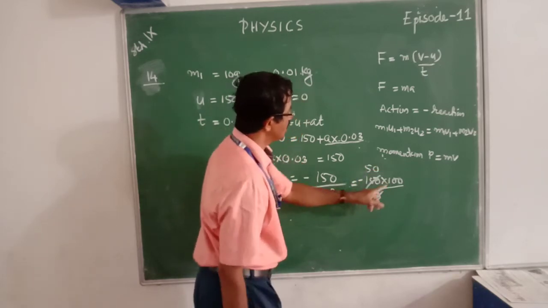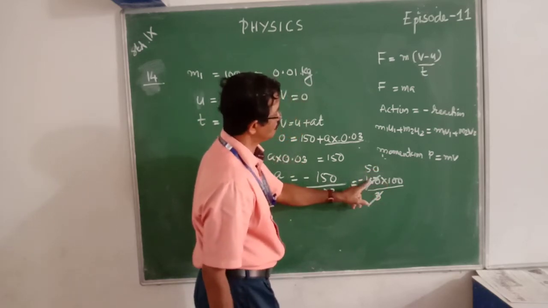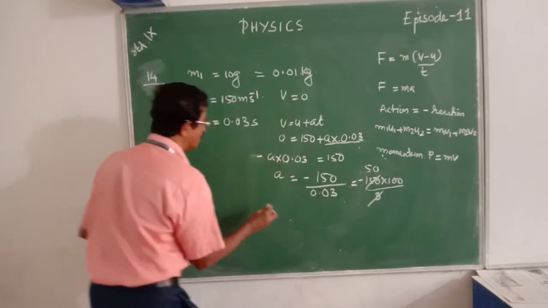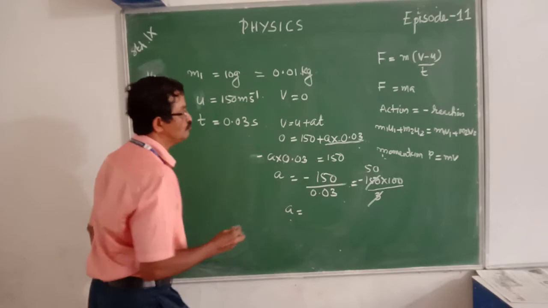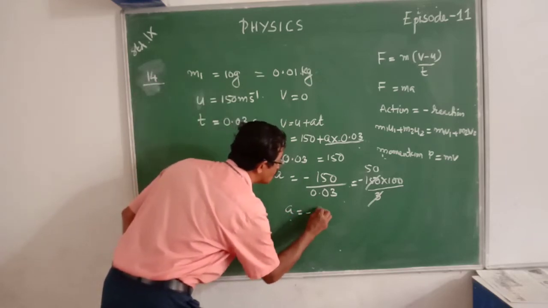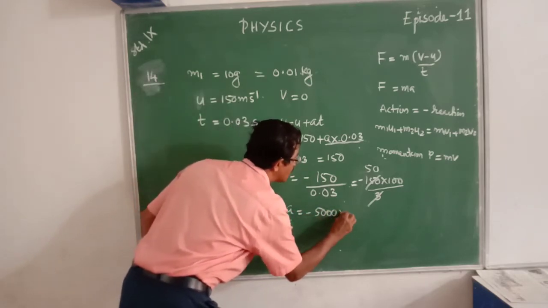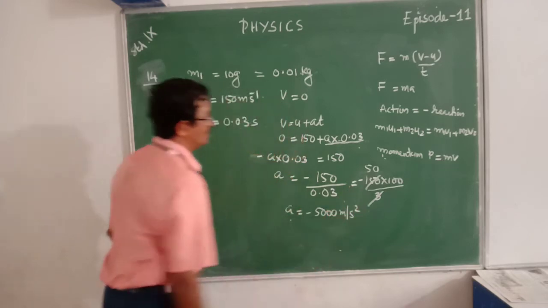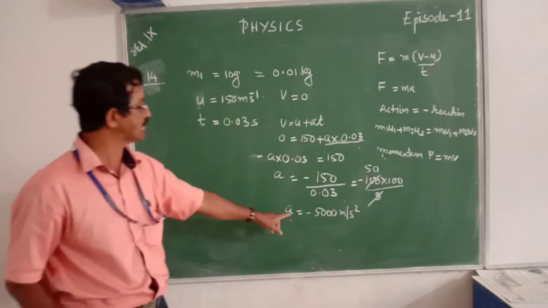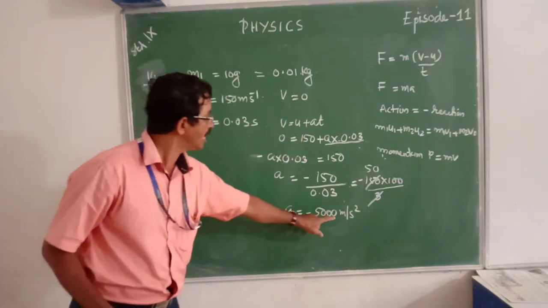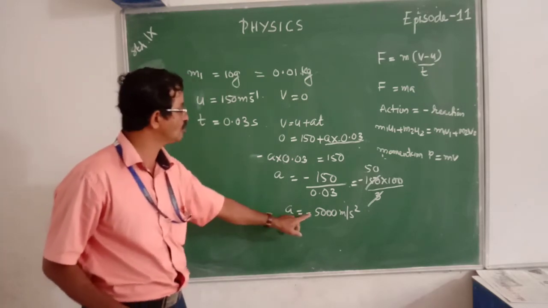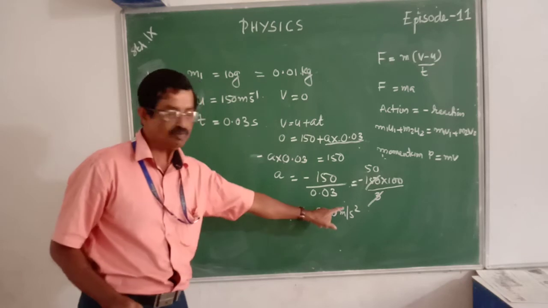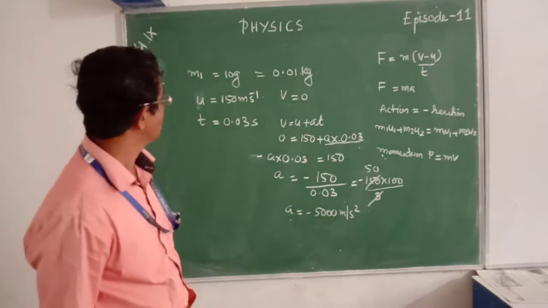That means 50 into 100, so a is equal to minus 5000 meter per second square. This is the acceleration. A is equal to minus 5000 meter per second square.